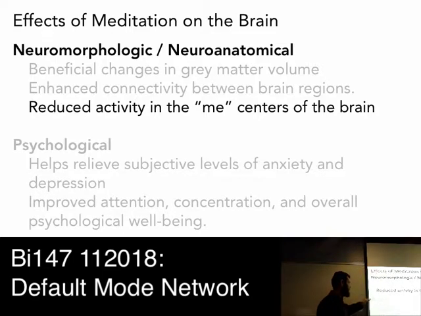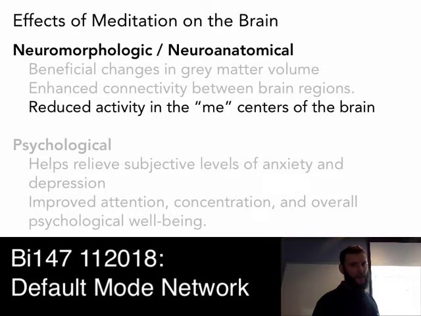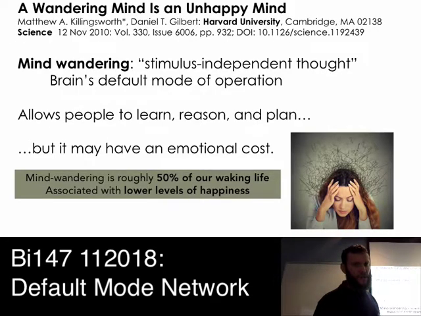And then the psychological impacts, that's functioning, right? How your brain is actually working. So we've been working our way through the structural changes, and they have functional correlates, right? All right, so let's see what I mean by the reduced activity in the me centers of the brain.